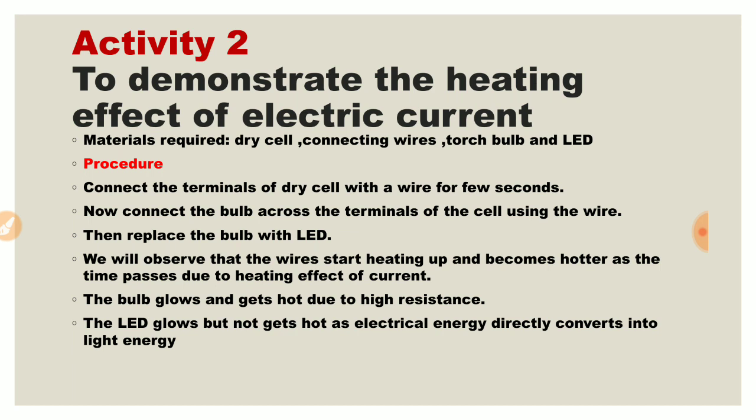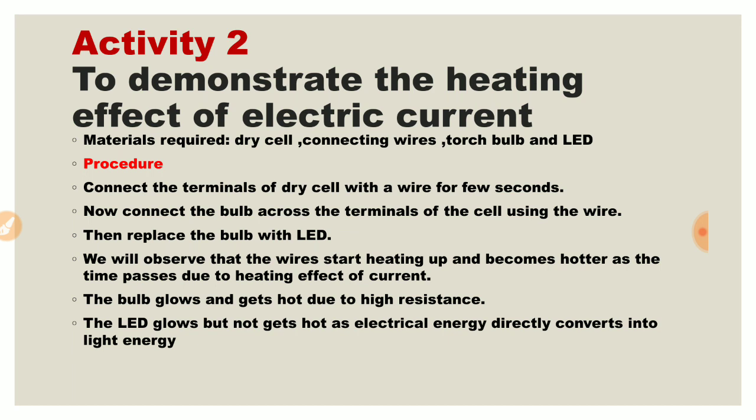Now what will be the observation? We will observe that the wires start heating up and become hotter as the time passes due to heating effect of current. And after some time the bulb glows and gets hot due to its high resistance.